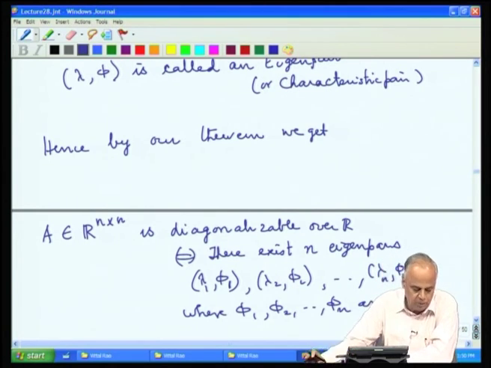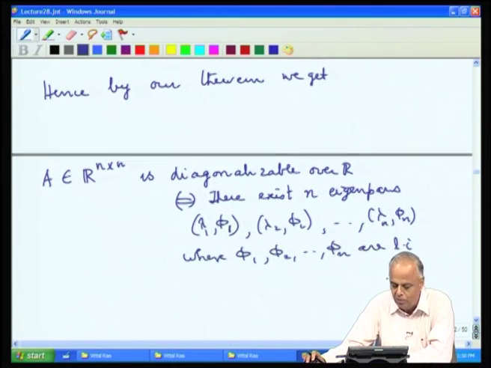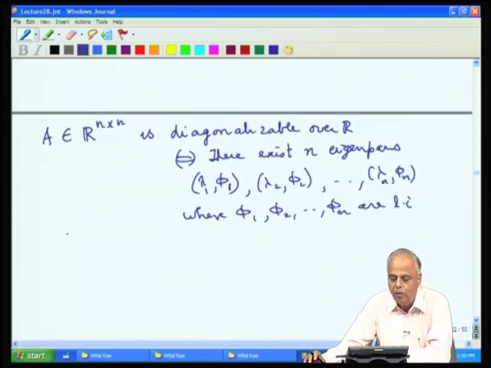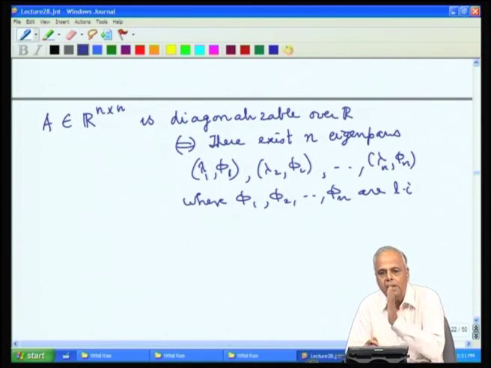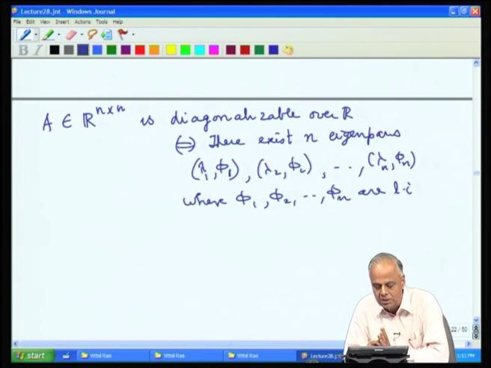Instead of p 1, p 2, p n, now I am calling them phi 1, phi 2, phi n. So, therefore, diagonalizability demands that you find n eigenpairs. If you want to diagonalize a matrix A, you find n eigenpairs in such a way that the eigenvectors coming out in these eigenpairs, the phi 1, phi 2, phi n, are all linearly independent.